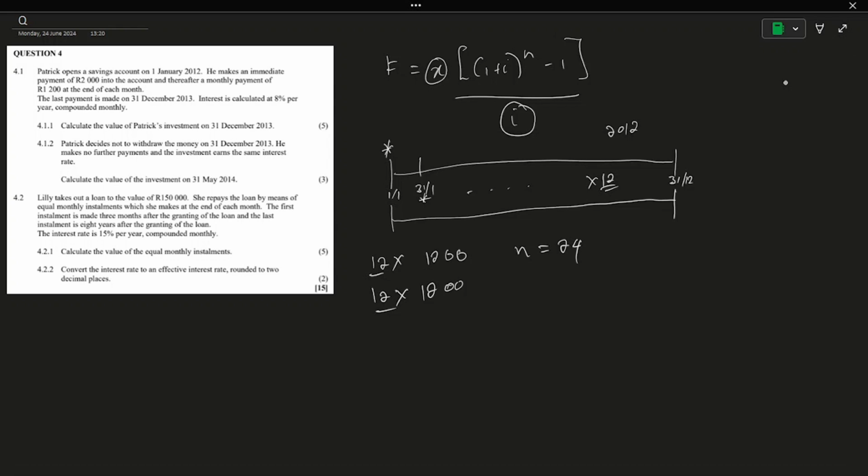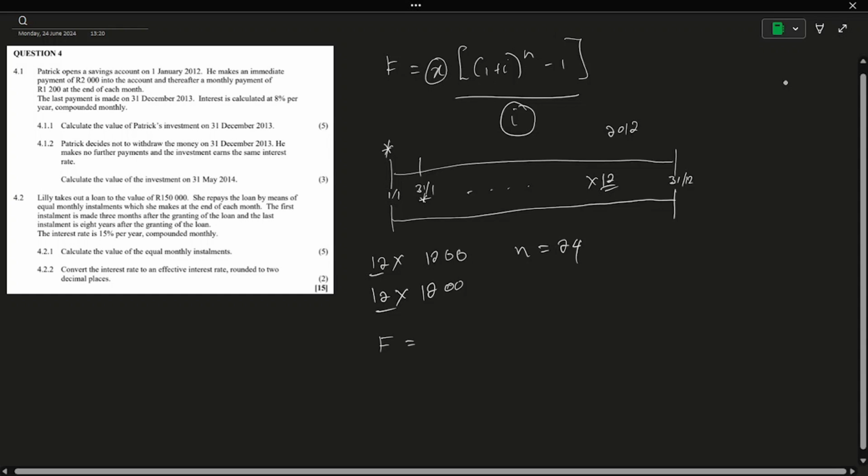Now, let us deal with the 1.2 first. We'll come back to the immediate payment. It's easier to solve this. We're just going to say F is going to be 1.2, and then we have 1 plus our interest, which is 8% per year compounded monthly. In other words, we're going to have 0.08 divided by 12, all to the power of 24 minus 1. And we take that I and place it here, so 0.08 divided by 12.